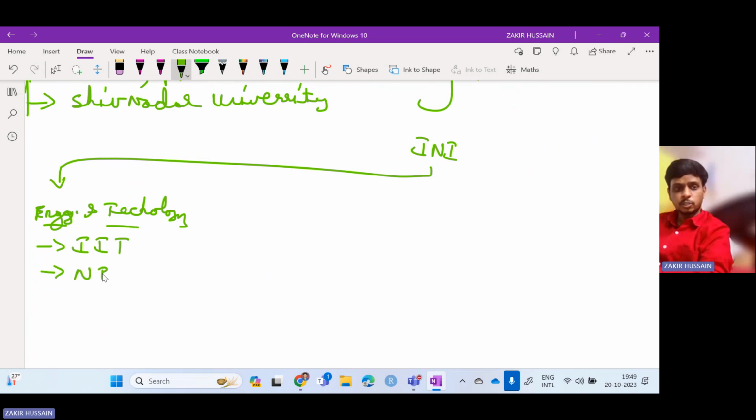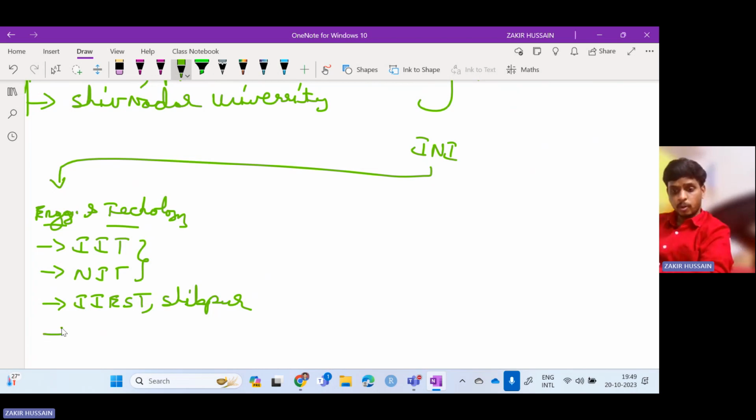Then we have National Institutes of Technology, NITs. Then we have the Indian Institute of Engineering Science and Technology, IIEST, Shibpur. As of now, only one institute is in this category, IIEST Shibpur at Kolkata. Whereas IITs and NITs have many institutes located in various parts of the country.